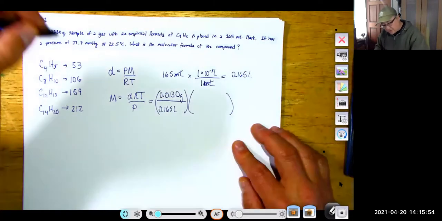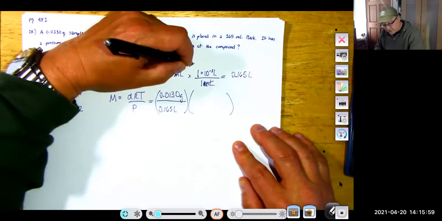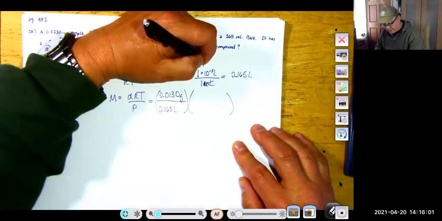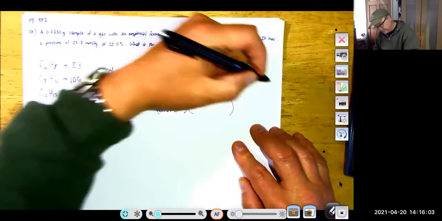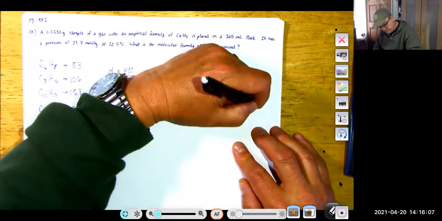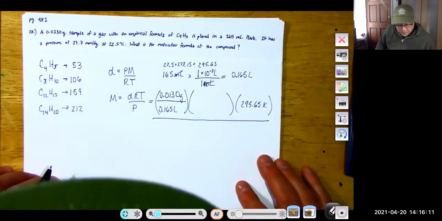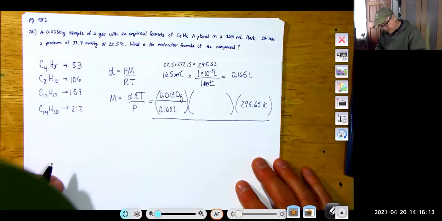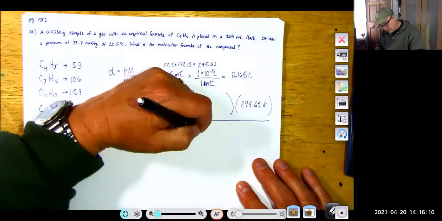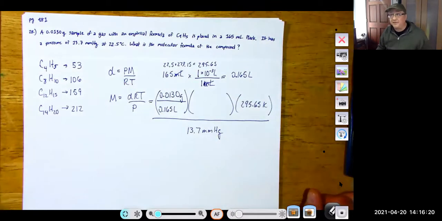For the temperature, I'm going to use 22.5 plus 273.15, which is 295.65. And the pressure, they're giving me 13.7 millimeters of mercury, which is a very low pressure because room pressure is 760.